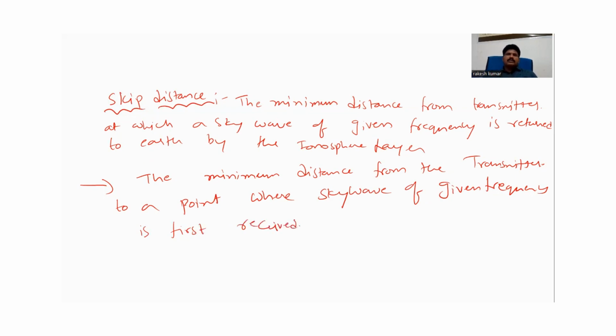Okay, so these are the two definitions of skip distance. The first definition is the minimum distance from the transmitter at which a sky wave of given frequency is returned to Earth by the ionosphere layer. The other definition is the minimum distance from the transmitter to a point where the sky wave of given frequency is first received.